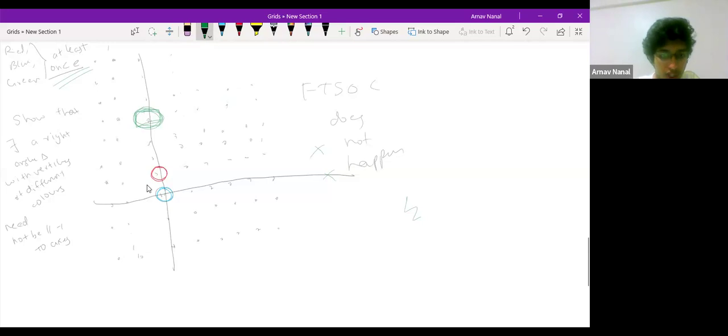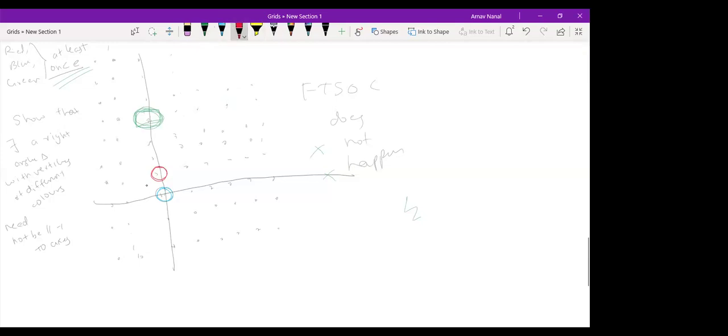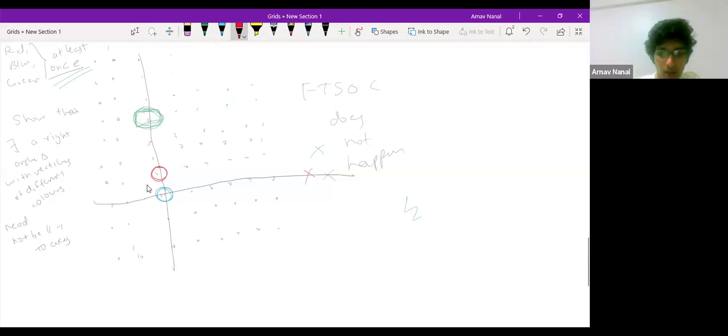Now what can you say about points on the x-axis? There cannot be green points, and there can't be any red points, otherwise we get this triangle. They must all be blue, so this whole line is blue. Similarly, the upper line is all red.